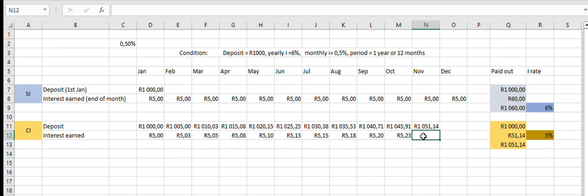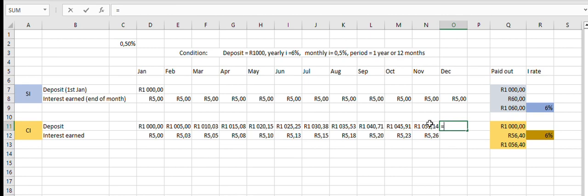So now, how am I going to work out the interest for that same period? I'm going to take the capital for that month and multiply it by my interest rate, which is again 0.5%. And then you can see that my interest for that month will be 5,26, which is a bit higher compared to what we earned in the previous month. So I will now repeat the same operation for the last month, December.